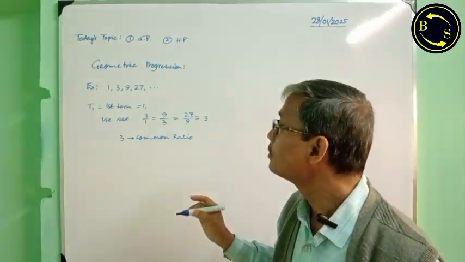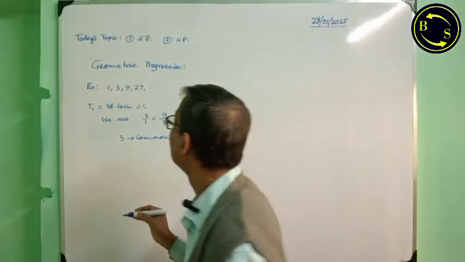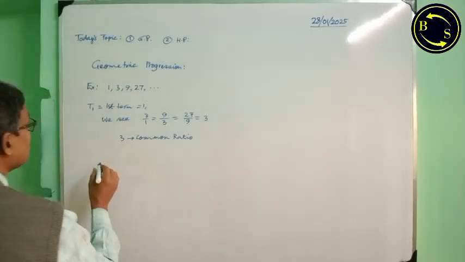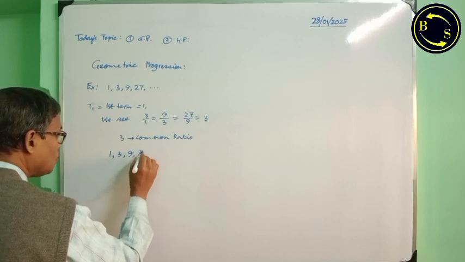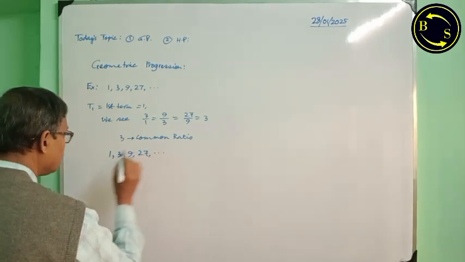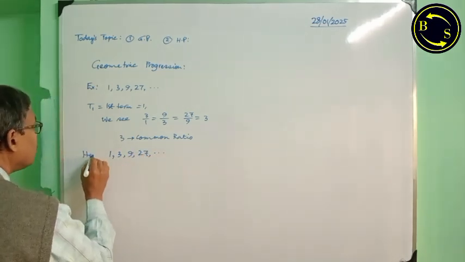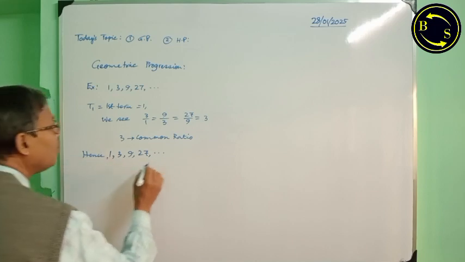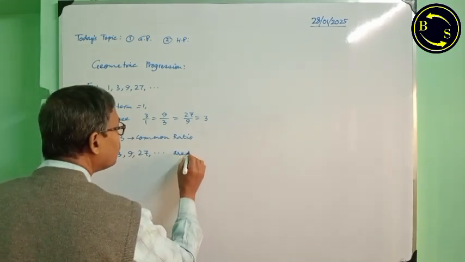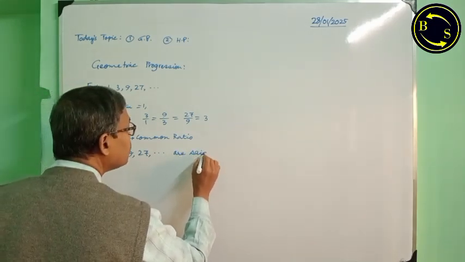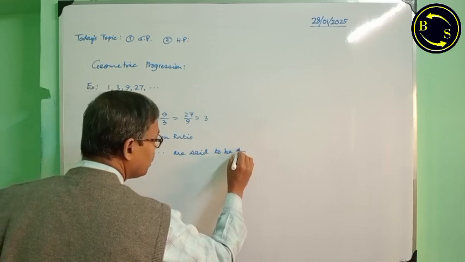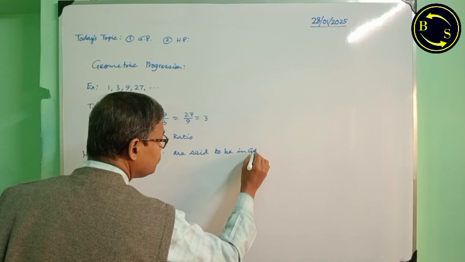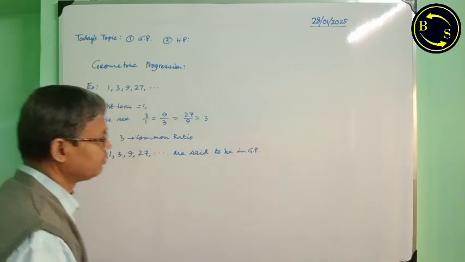In such cases, these numbers are said to be in GP. 1, 3, 9, 27 are said to be in GP, geometric progression.